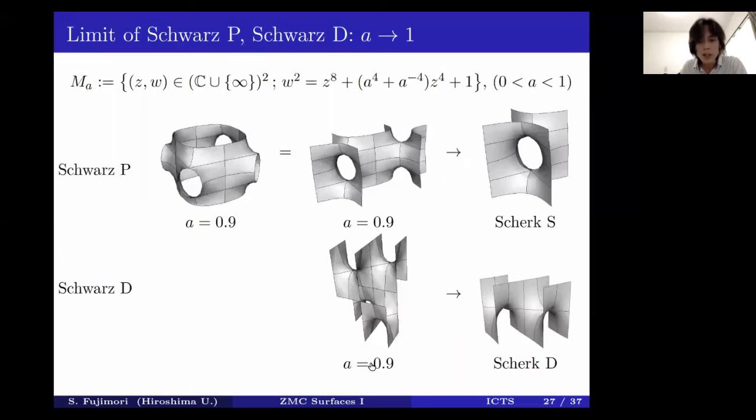Also, in the Schwarz D case, we get this surface at A equal 0.1, and as a limit, this part and this part go far away, and these become ends of the surface, and we have Scherk's doubly periodic surface. So we have this kind of deformation of minimal surfaces. And we will show the maximal surface version tomorrow or the day after next week.